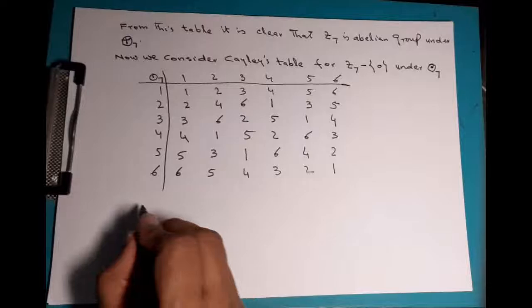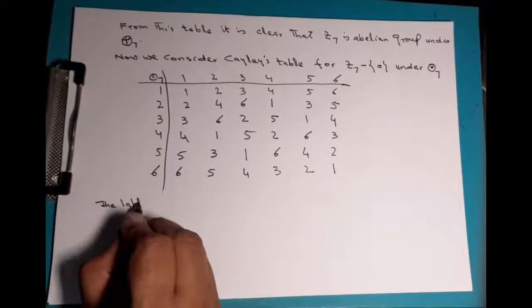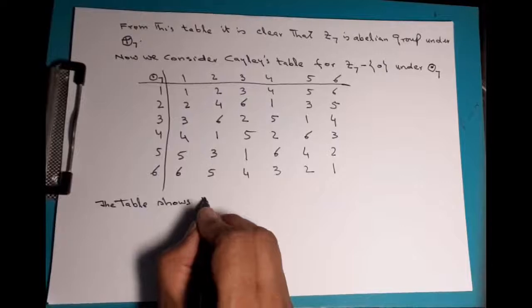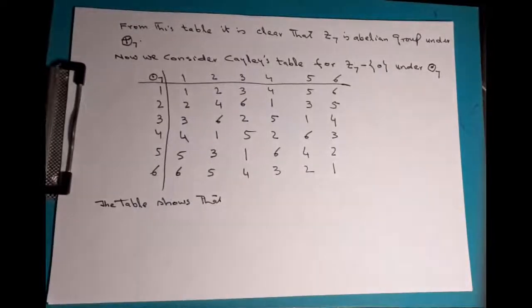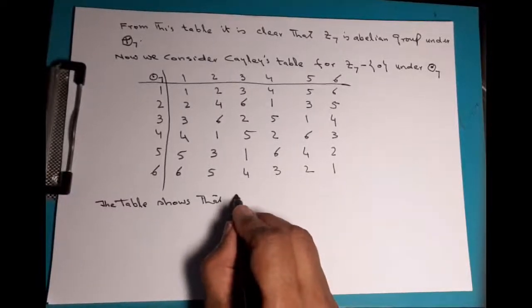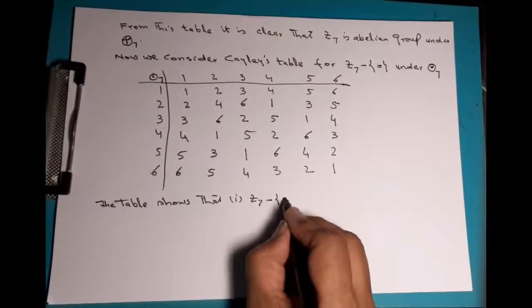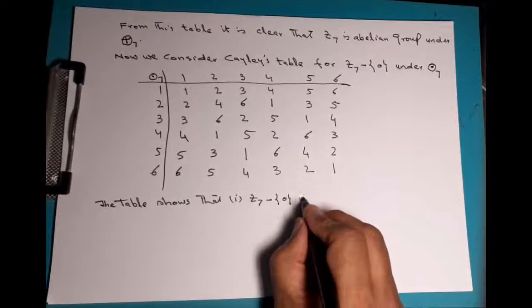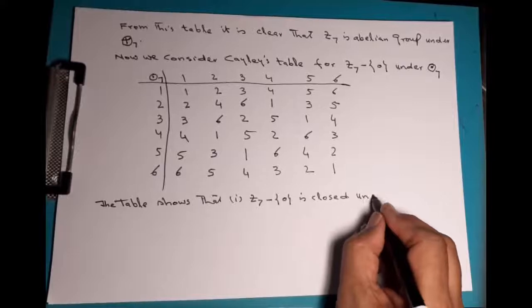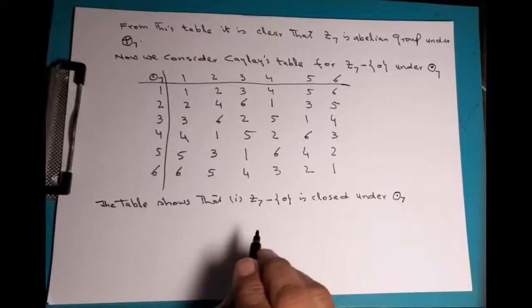So the table shows that Z7 minus 0 is closed under multiplication modulo 7. So this is our first observation.